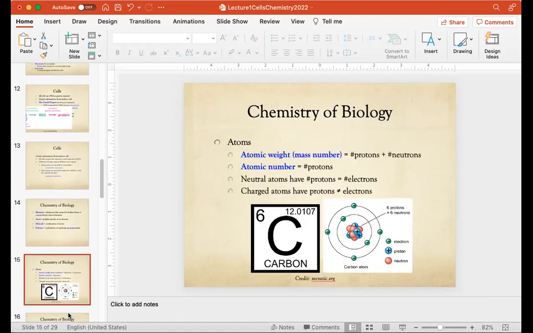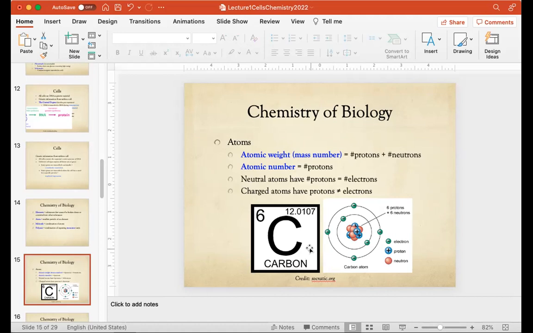So to review a little bit about atomic structure, remember when you go to the periodic table, every type of element has a name, it also has a symbol, a lettered symbol. And then there are a couple of important quantities associated with that element. So for example, this is taken off of the periodic table for the element called carbon.